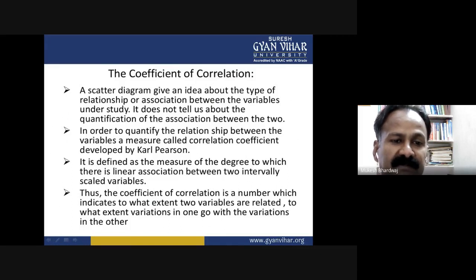It is defined as the measure of the degree to which there is a linear association between two intervally scaled variables. Thus, the coefficient of correlation is a number which indicates to what extent two variables are related, to what extent variations in one go with the variations in the other.